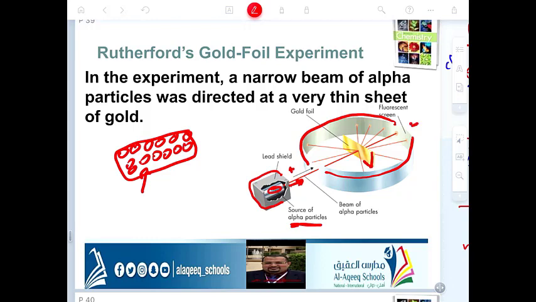How can we know that? He plated the inside part of this metal with a substance that glows when these rays hit it. It makes it glow, so we can discover if the rays penetrated this gold and moved here, or deflected or reflected or whatever.